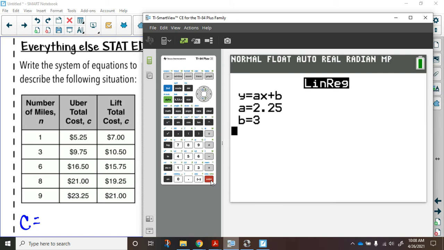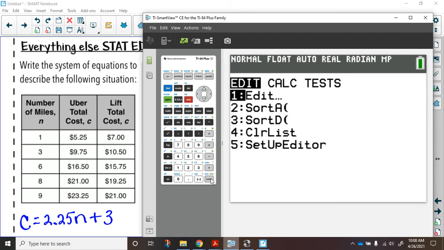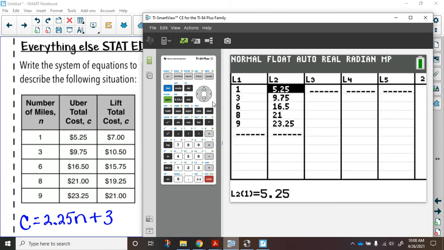So our first equation is y equals, or c equals, 2.25n, because we're looking at number of miles, plus 3. So let's see what our second one costs us. So we're looking at Lyft next. And I'm just going to go back and change the prices, or the cost.